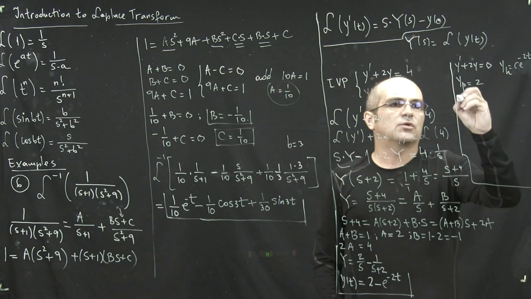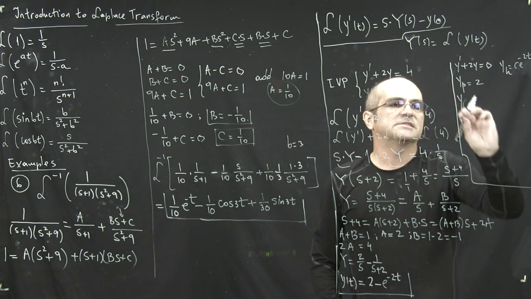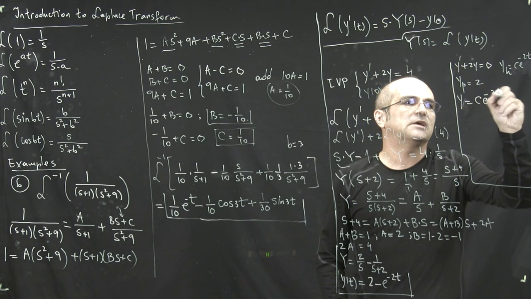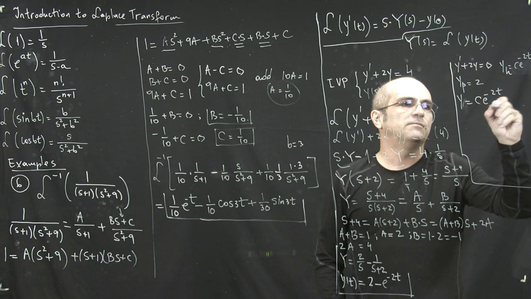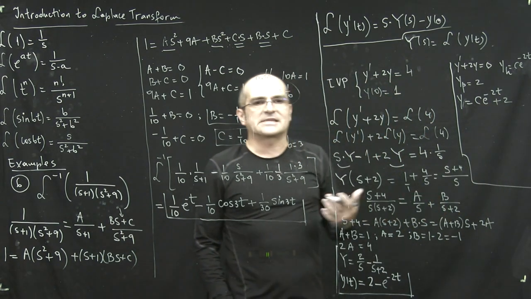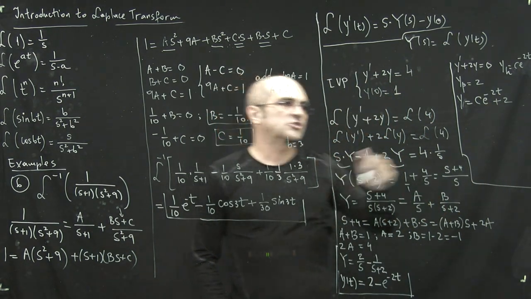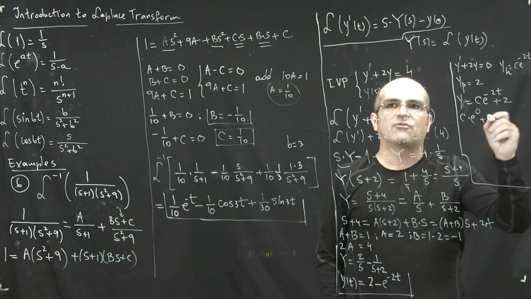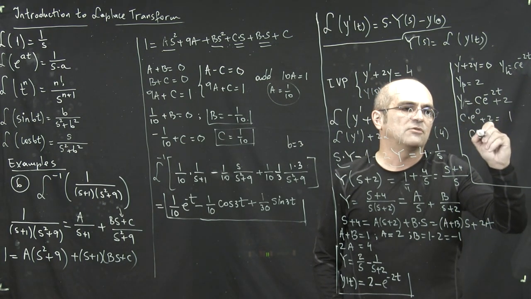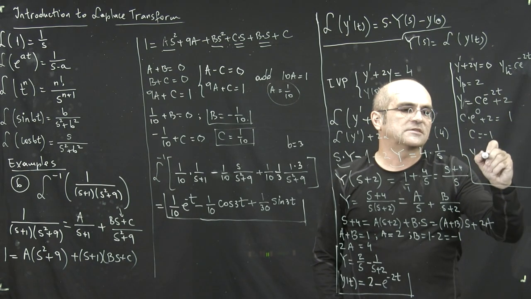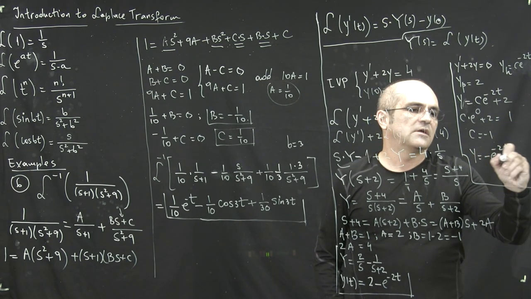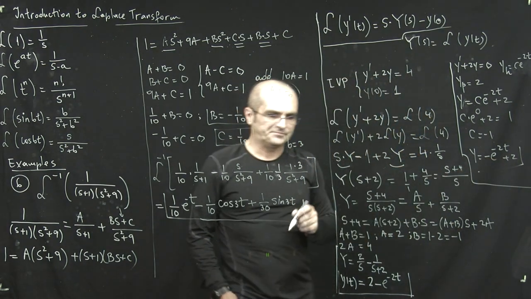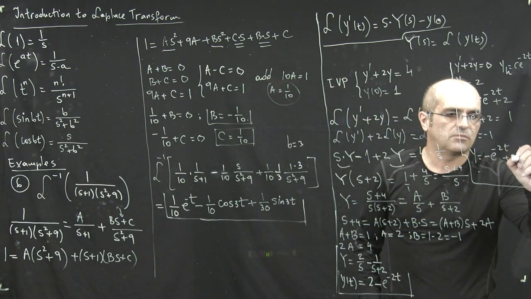So you could do it in a couple of seconds, in fact, that the general solution is c e to the minus 2t plus 2. And of course, you may have to take an extra step to find c from the initial condition, but it's no big deal. Just plug in 0 for t, and then c equals minus 1, and there you go. You get your solution via the two-step method in a much faster way than via Laplace transform.